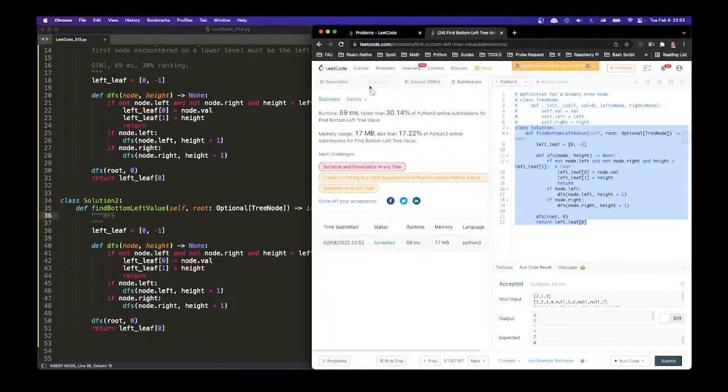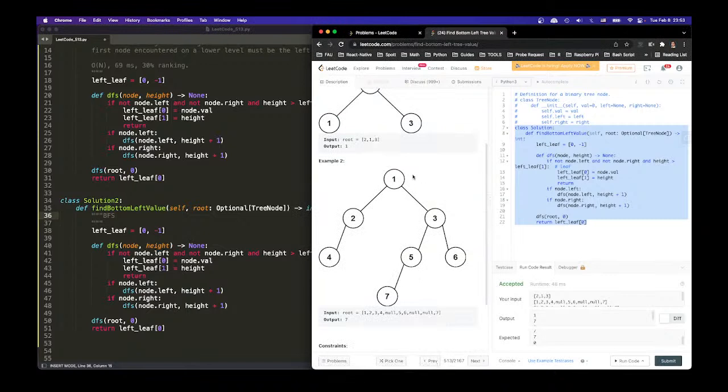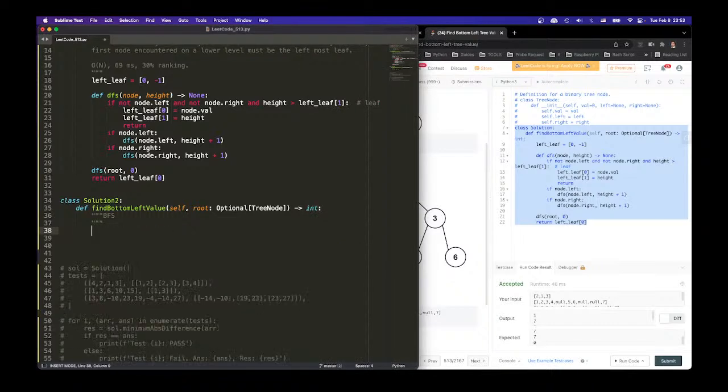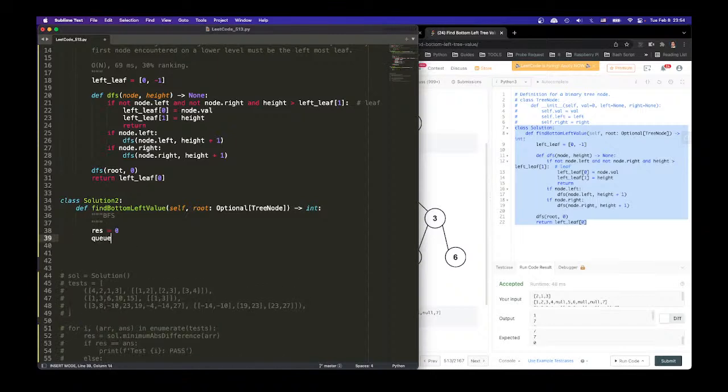So what BFS needs is, just record the first one. Okay. So res equals, doesn't matter what. Q equals root.